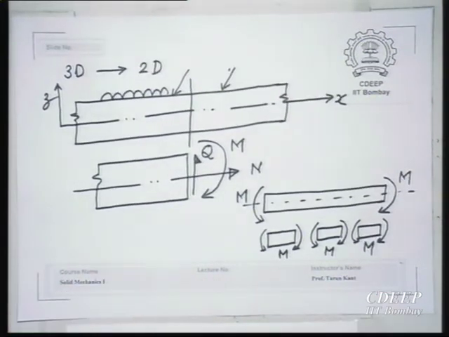So, it is a pure moment. Moment is not changing along the length, because only then can this exist. Pure moment means the moment must remain constant along the length.